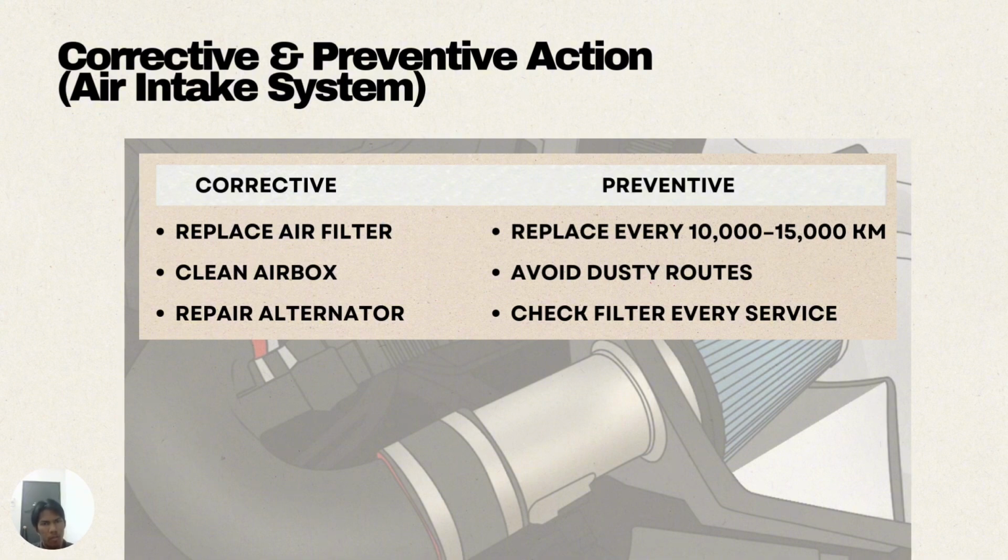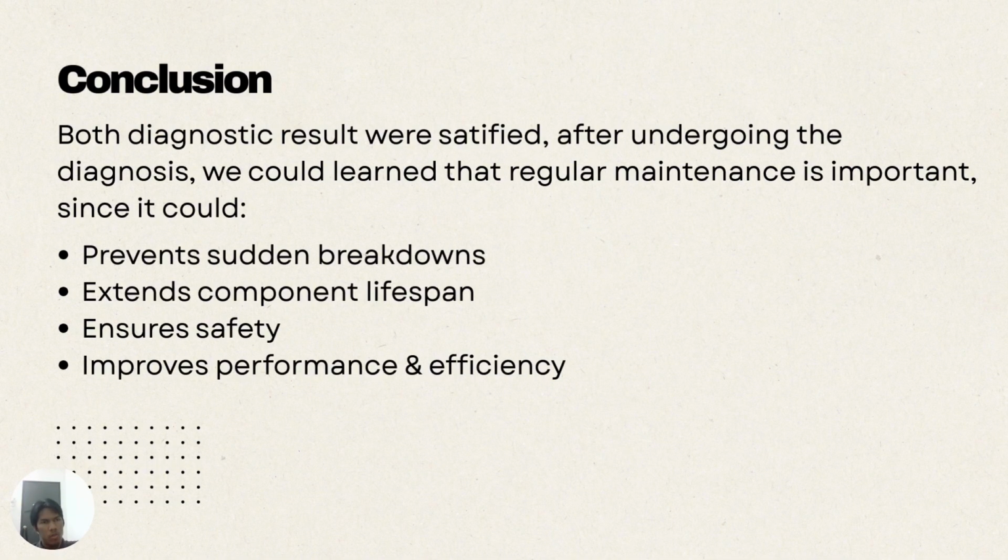And for preventive action, replace every 10,000 to 15,000 kilometers to make sure the dust is removed, avoid dusty roads if possible, and check the filter at every car service.